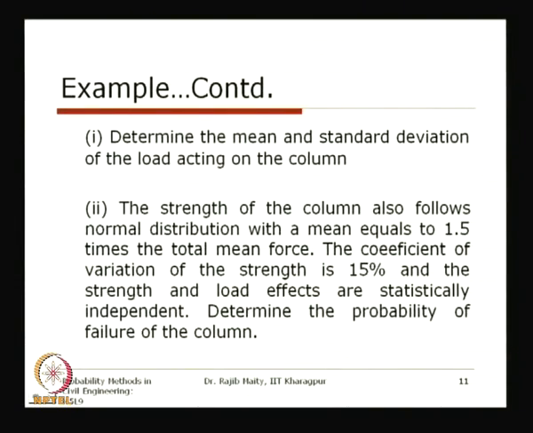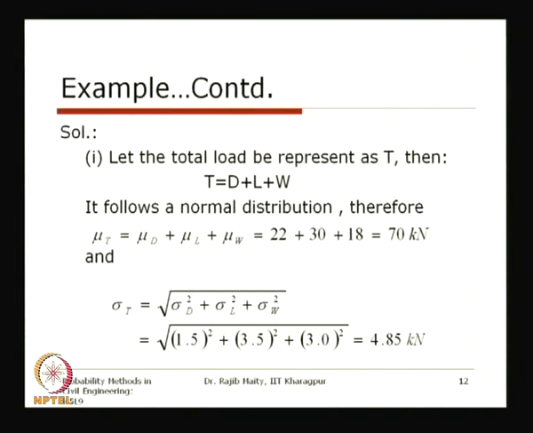So, to solve the first part, if the total load is represented as T, then T equals D plus L plus W. As I was telling, there could be some margin factor or factor of safety that we can multiply with each individual loading, and that need not be the same for all the loading patterns.